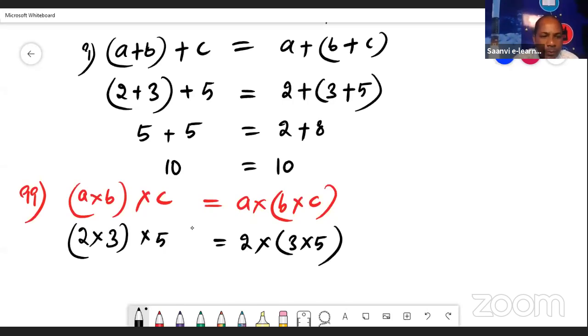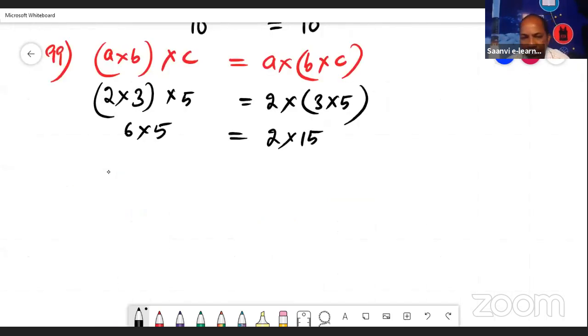Okay, now multiply them. 2 into 3, 2 threes are 6, into 5 is equal to, here also 2 into (3 into 5), 3 fives are 15. It means first of all we have to multiply the bracket values. Okay, inside the bracket whatever values are given, we have to multiply them. Now multiply them here. 6 into 5, 6 fives are 30, is equal to, here also 2 into 15, it means 15 twos are 30. See, we have got the same result in LHS and RHS.